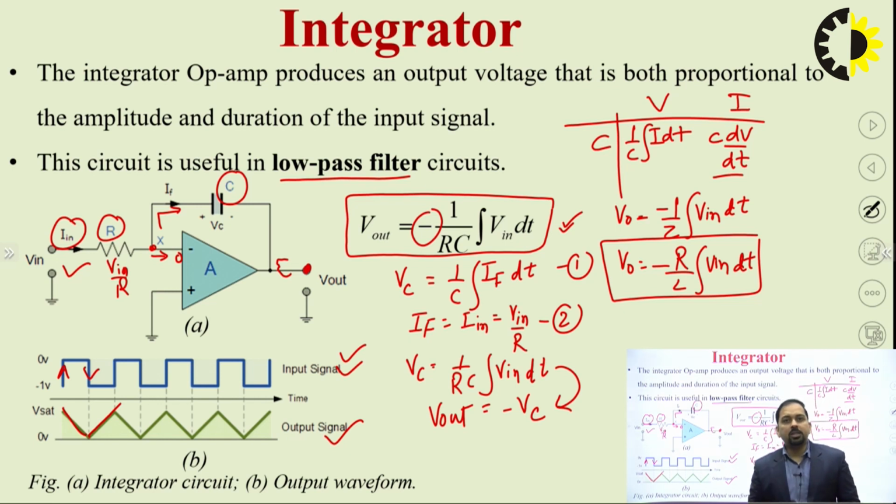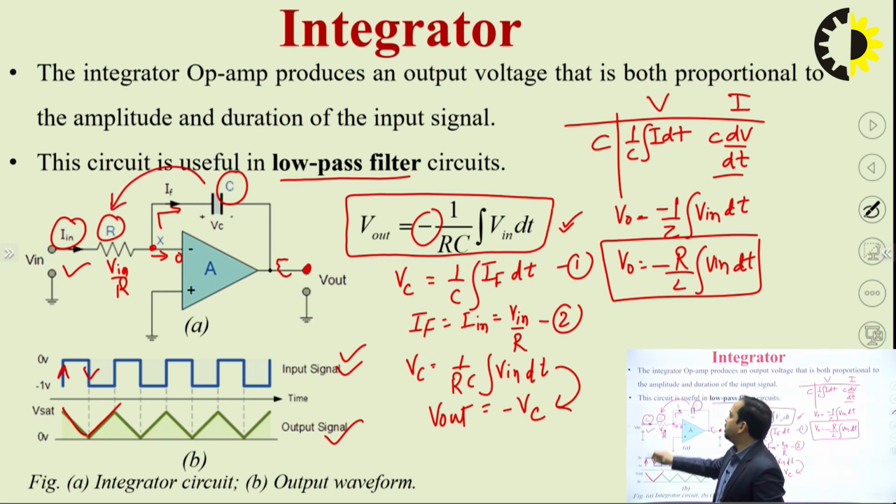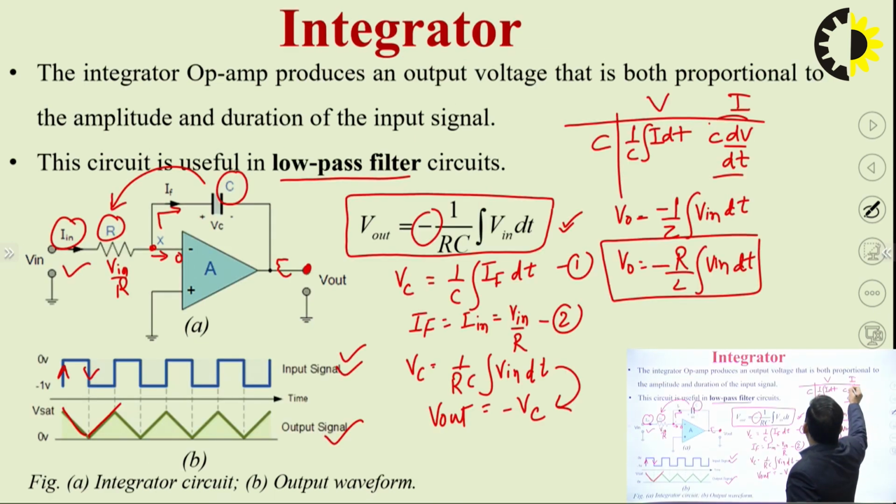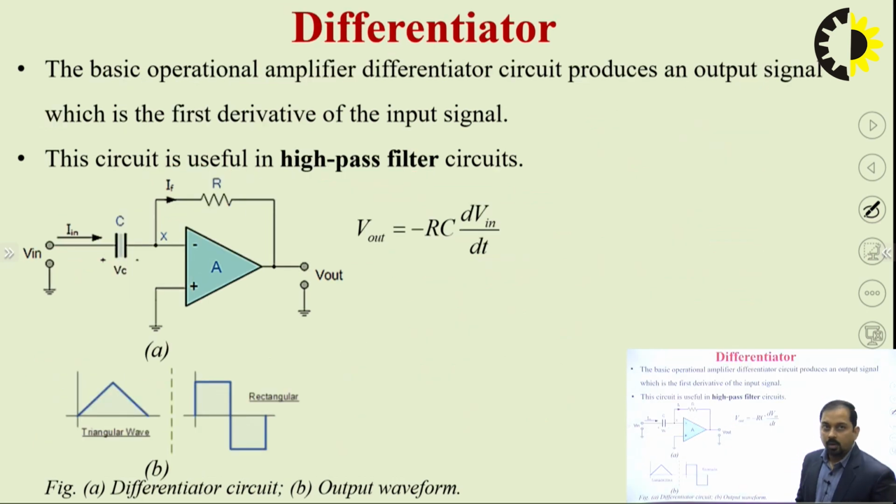Now we want to make the differentiator. How can we make it? We just need to swap the locations of the capacitor and the resistor. We will be utilizing the current through the capacitor, I equal to C dV by dt, meaning if the voltage across the capacitor is known, the current can also be calculated.